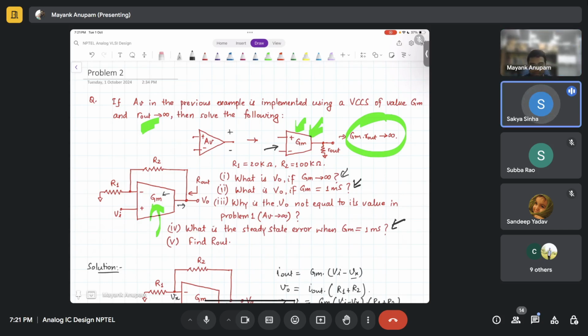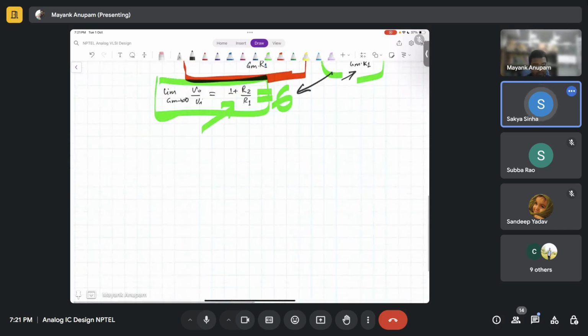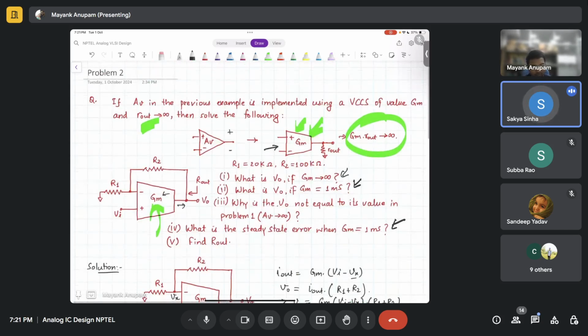Are you trying to say, if GM is infinity, then what is the steady state? If GM is equal to infinity, that is the ideal value, right? That is the ideal expected value. That is what you aspire to achieve. However, in real circuits, you will not be able to achieve anything made using infinite value components, right?